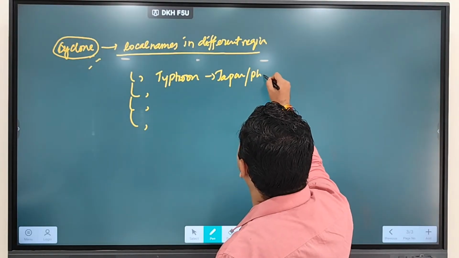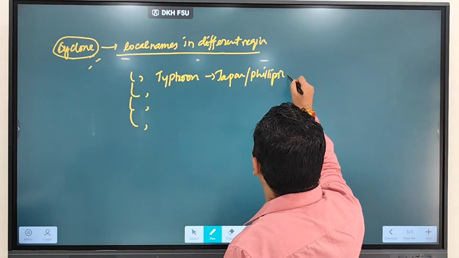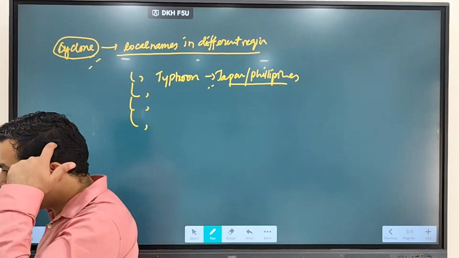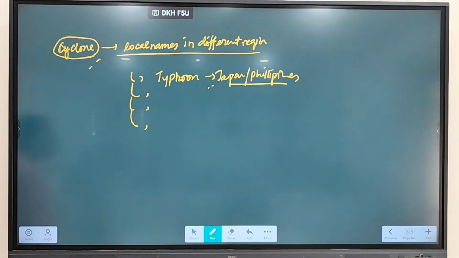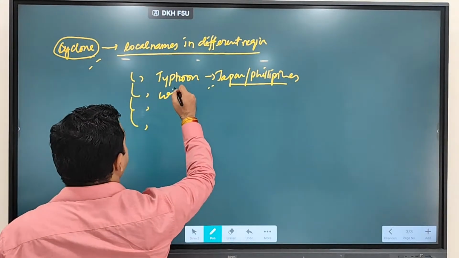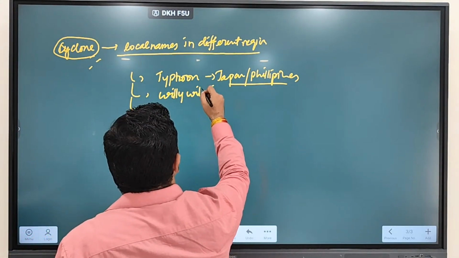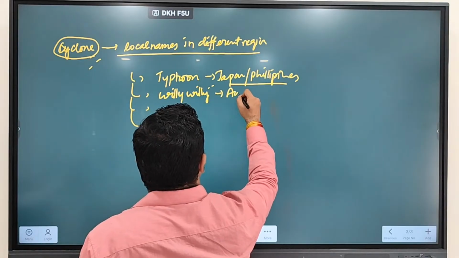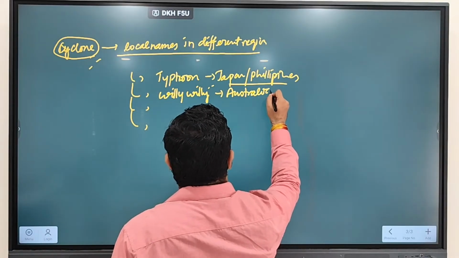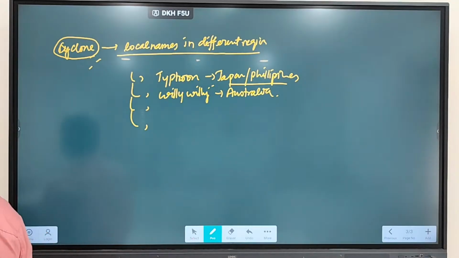So when a cyclone originates near the Japanese and Philippine islands, they are known as a typhoon. Clear? They are also known as willy willy in the case of Australia.